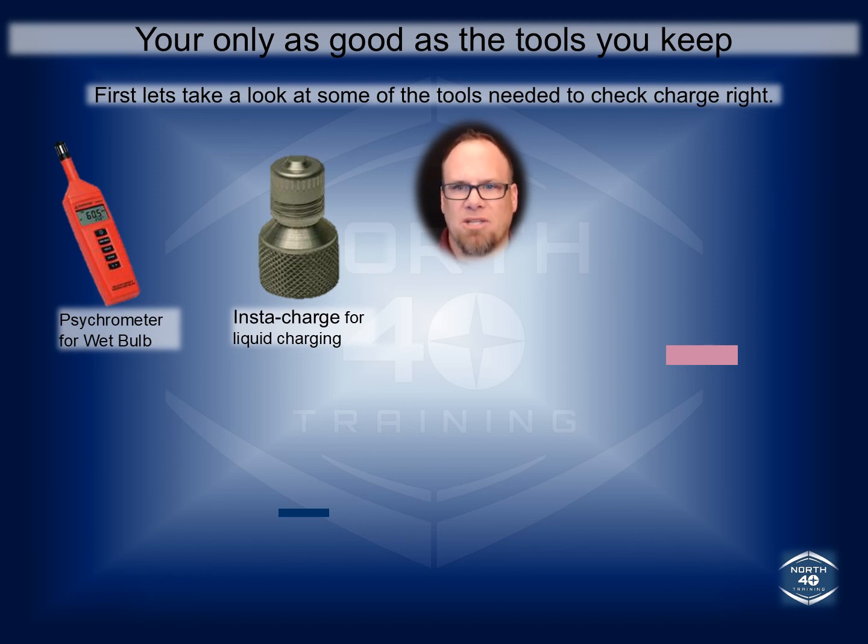It's a little aluminum attachment that goes on your manifold just below the vapor gauge, and it allows you to pull the modern style refrigerants, which are almost all blended, for instance 407C, out of the tank in liquid form. Before it goes into the actual compressor area, this InstaCharge has an orifice in there, and it will flash the refrigerant back to a vapor, so it protects the compressor as you're doing your charging procedures.